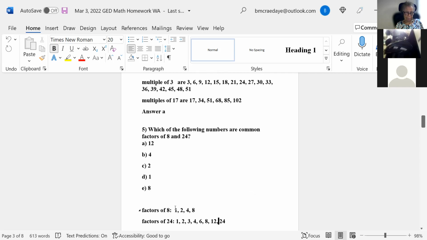Okay. 8 says 1, 2, 4, 8. What about 24? Does it have 1, 2, 4, 8? Yeah, 1, 2, 4, 8. So it has those factors in common, right? Okay, so what would the answer be here?